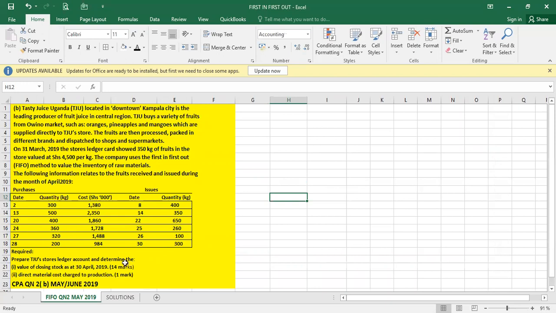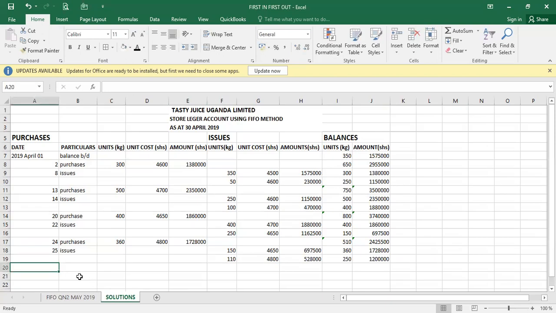We are issuing again 100 units on 26th. These are issues. But remember, in these units, we said we had a balance of this.